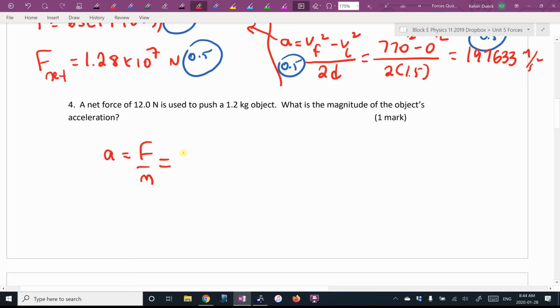And I said, well, that's going to be 12 divided by 1.2. And then I did that in my head as well. Is the correct answer 10 meters per second squared? I think it is. So almost exactly 1G. Not quite. Honestly, close enough that if you were that person or that object, you probably wouldn't notice a difference. You would think, yeah, it's 1G.